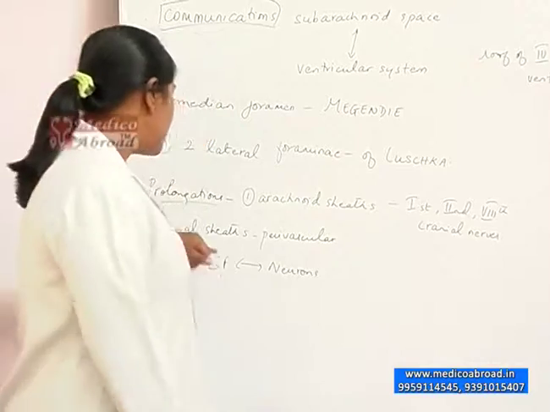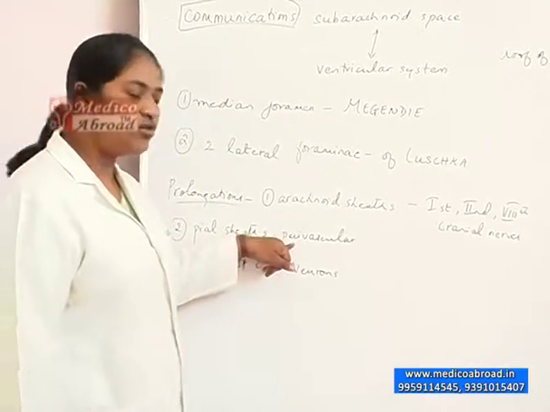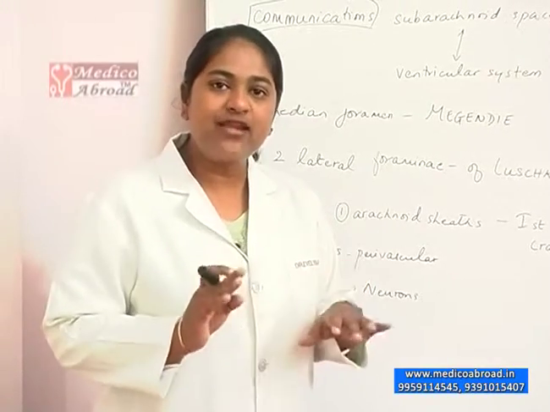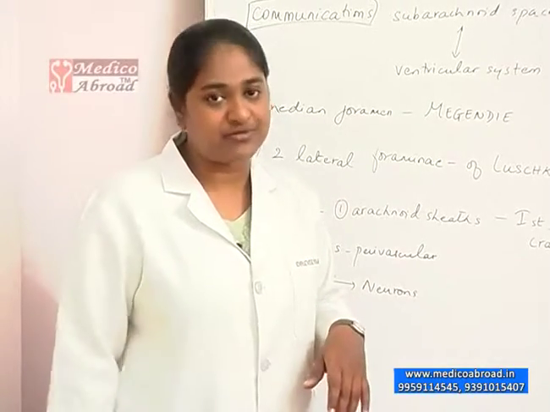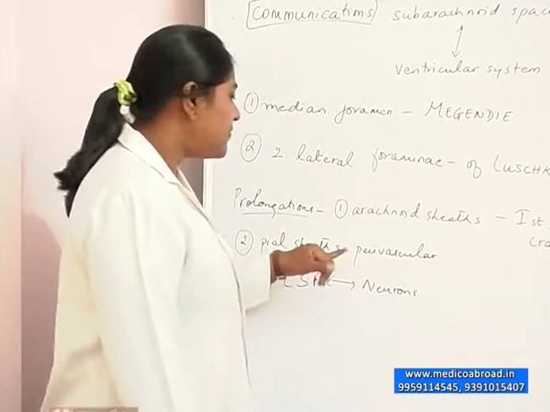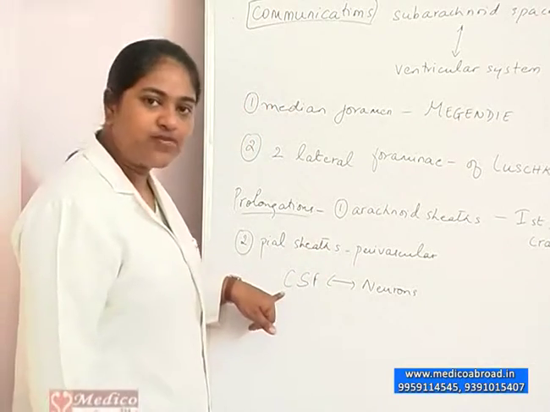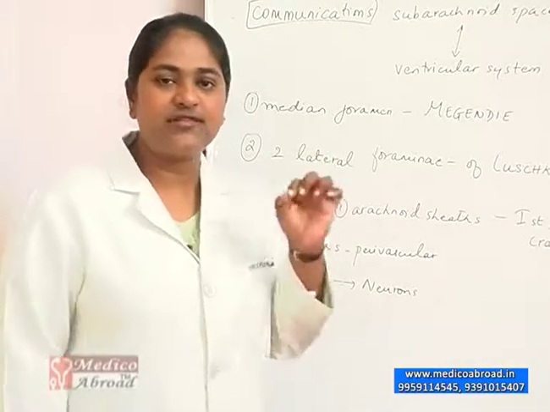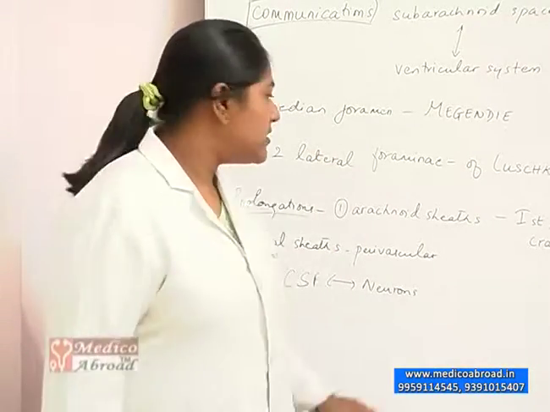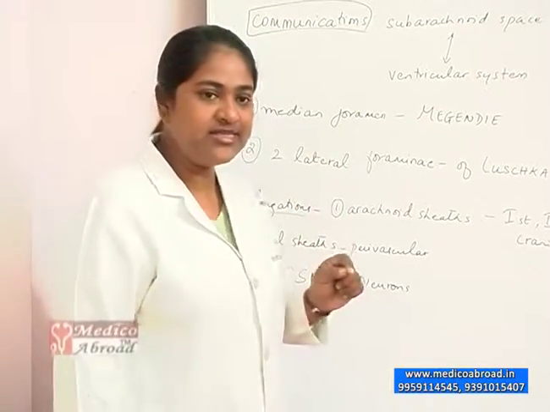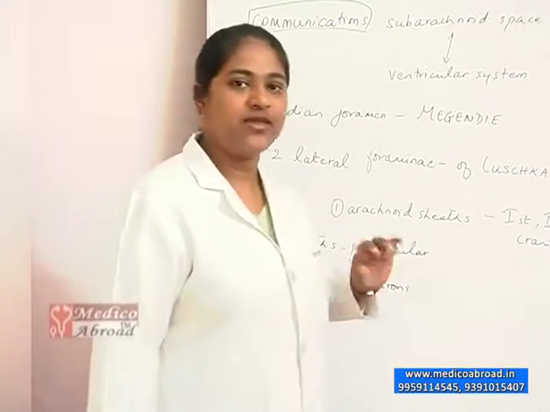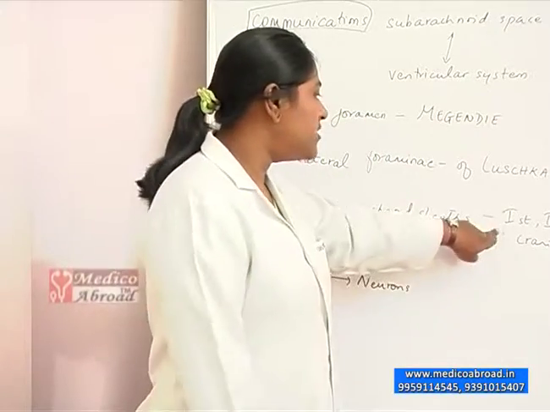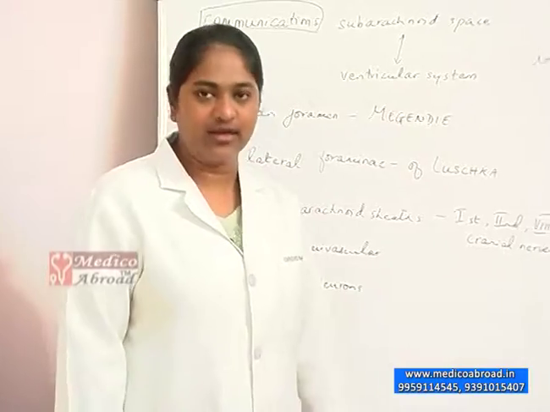Whereas the pial sheath extends even into the perivascular space, along the blood vessels which pierce the brain substance. Here the cerebrospinal fluid is in direct contact with the neurons themselves, the nerve cells themselves. What is important to remember here is that the arachnoid sheaths are especially elongated around the first, second and eighth cranial nerves.